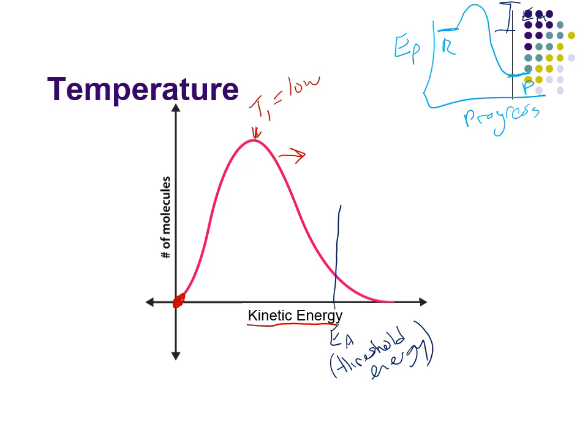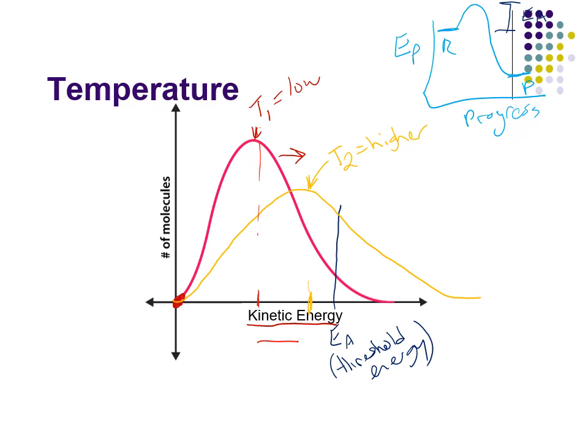So let's do this in orange as the second temperature. Essentially what happens is the curve sort of flattens out a little bit and moves over. Now the average temperature is higher, so T2 is at a higher temperature, because remember the average is the temperature, and this average is higher in kinetic energy than T1 was.